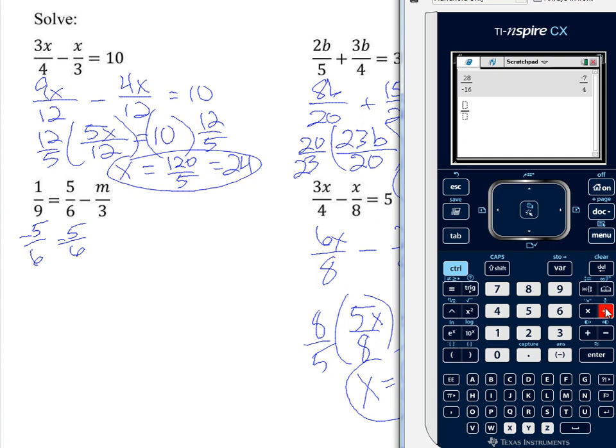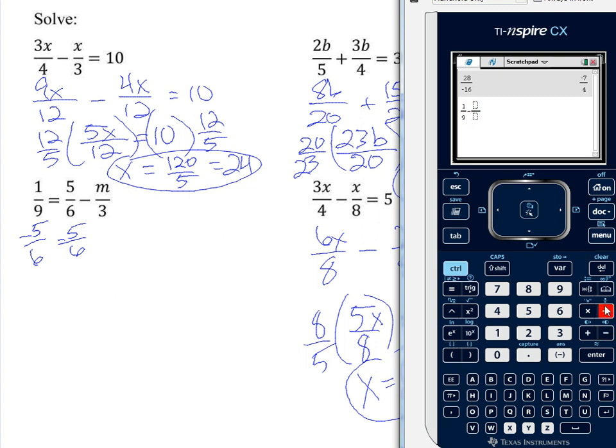So now I'm going to enter in my 1/9. 1 on the numerator, press down, and that gives me the denominator, 9. Press to the right, and that exits you out of that fraction template. Then type minus. Not negative, minus. There's a difference. That one's the minus. Then do it again.